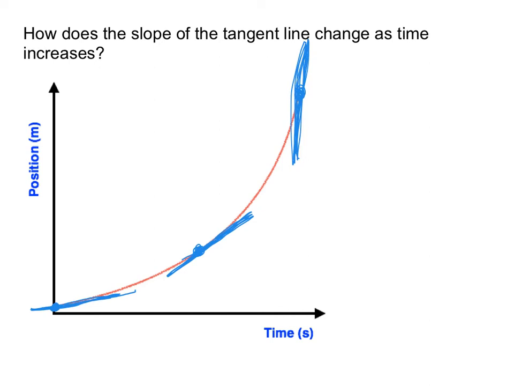All right, so take a minute and think of how the steepness is changing. If we compare all of that, it looks like our steepness increases. And we want to ask ourselves, does this make sense?